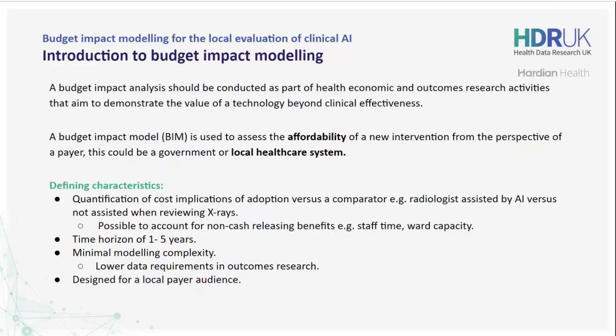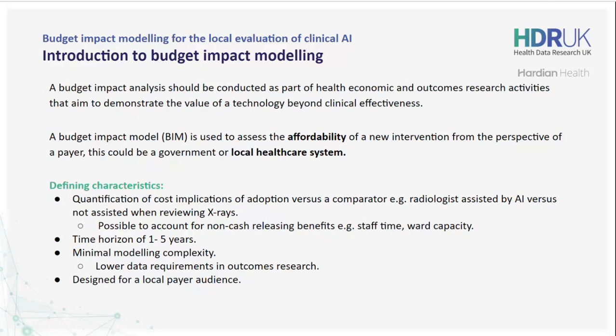It is possible to account for non-cash releasing benefits, such as capacity implications or staff time, particularly in the outcomes research process, if it's decided that that's what payers are particularly looking for in terms of value or their area of greatest unmet need. The time horizon typically taken for a budget impact model is 1 to 5 years, because this aligns with the financial planning of payers generally.